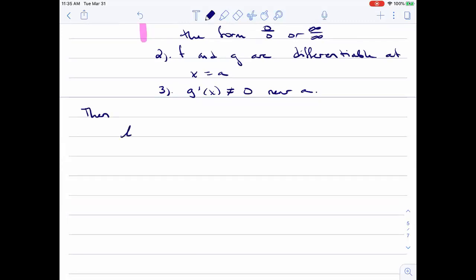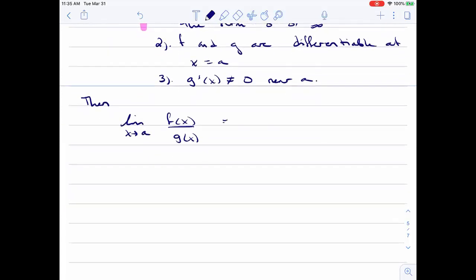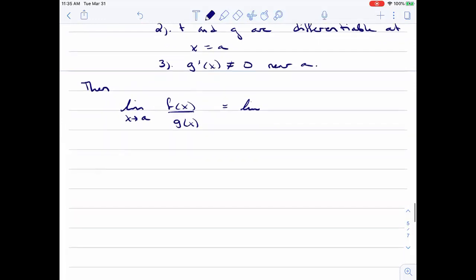Then what we'll say is that the limit as x goes to a of f of x over g of x, right? So that's the limit that we started with here, can be rewritten as the limit as x goes to a of f prime of x over g prime of x, right? That's going to be huge if this limit is a lot easier to deal with. Notice that the limit as x approaches a stays the same, but what we're able to do is rewrite it.